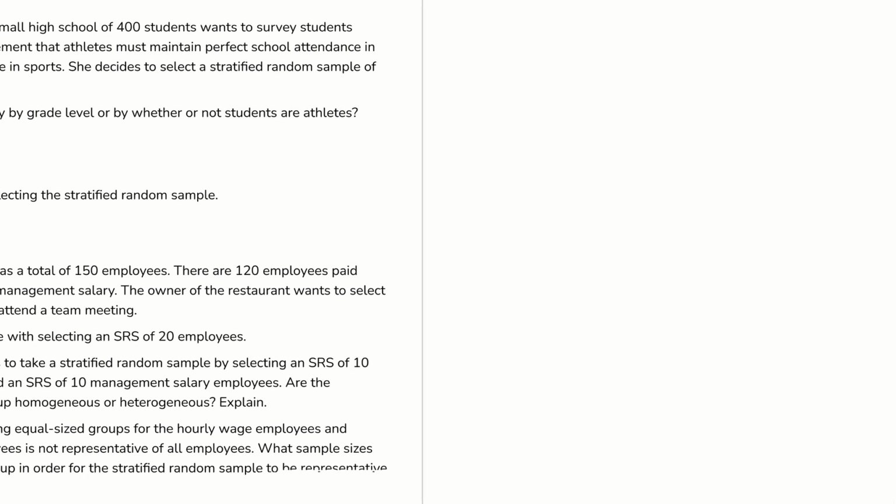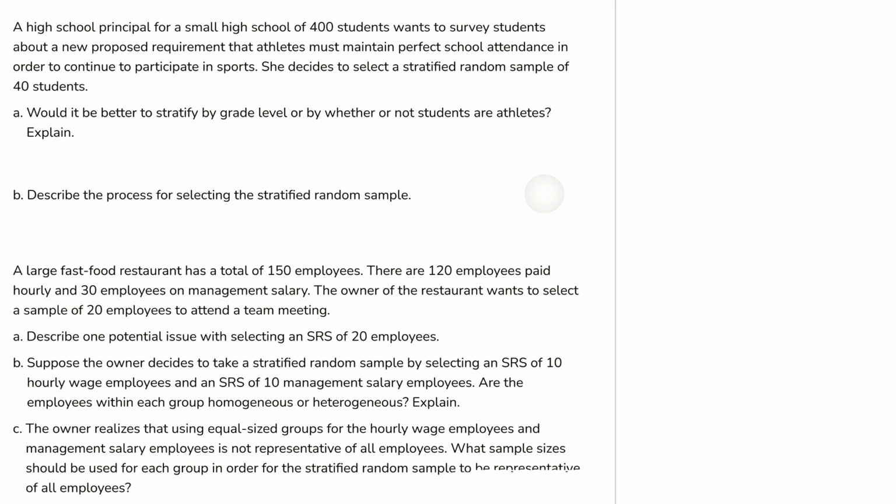Okay, so we're going to select. Would it be better to stratify?